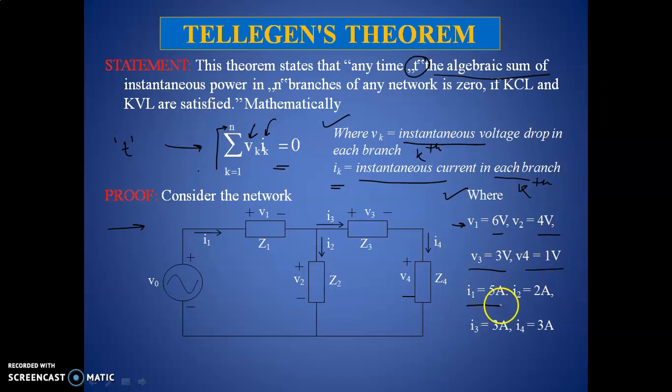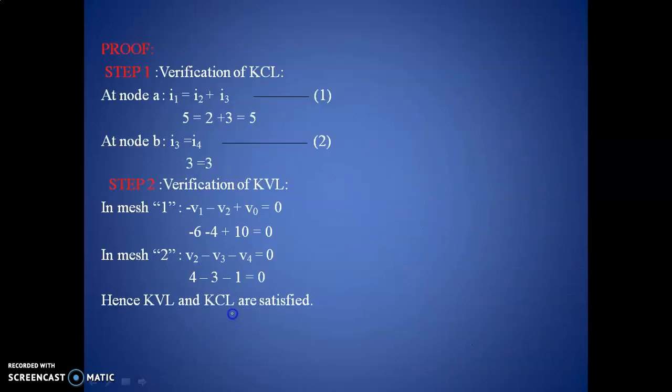Current I1 is 5 ampere, current I2 is 2 ampere, current I3 is 3 ampere, and current I4 is 3 ampere. So this is the arrangement of elements for a particular Tellegen's theorem example. Now, let us go for the proof.